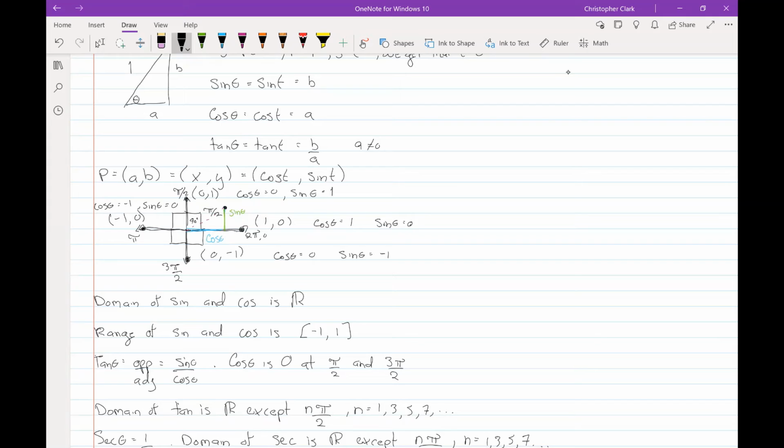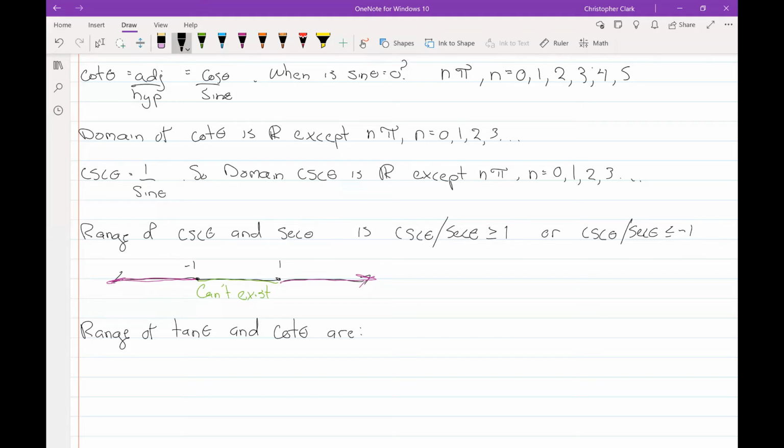So you've got a number that is getting increasingly close to 1 or -1 being divided by something that is getting increasingly close to 0, so it blows up. And it's the opposite for cotangent, right? As sine approaches 0, cosine will approach -1 or 1, so you've got something approaching -1 or 1 divided by something approaching 0, it blows up. So what that means is that our range is actually -infinity to infinity.